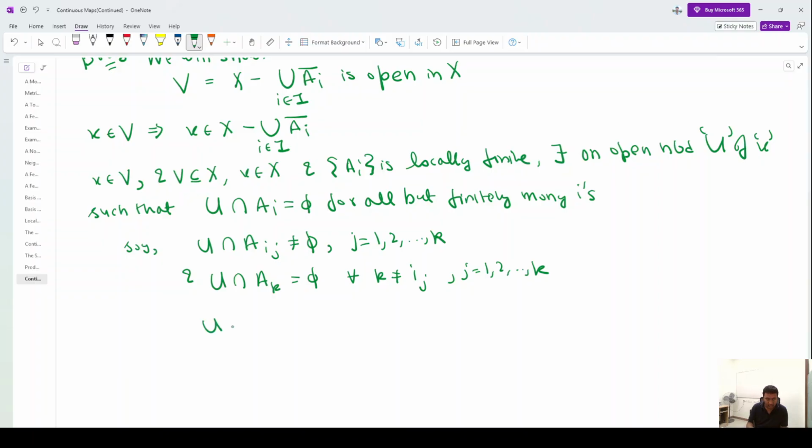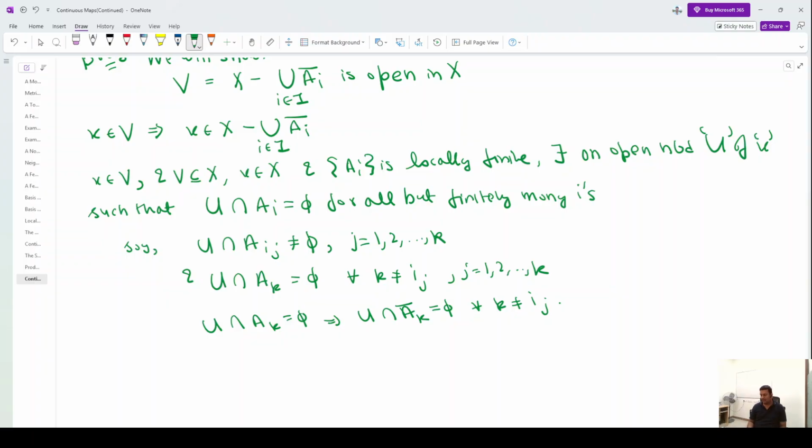U intersection AK is empty, right? So this will imply U intersection AK closure will be empty for all K not equal to I suffix J. Is it fine?